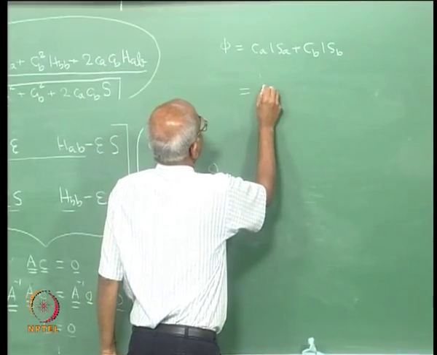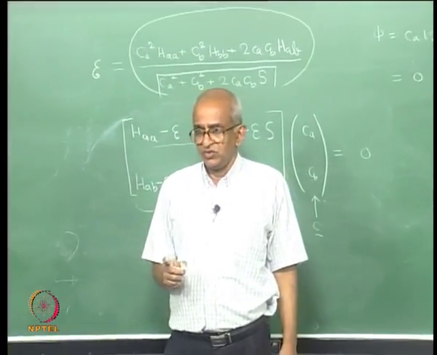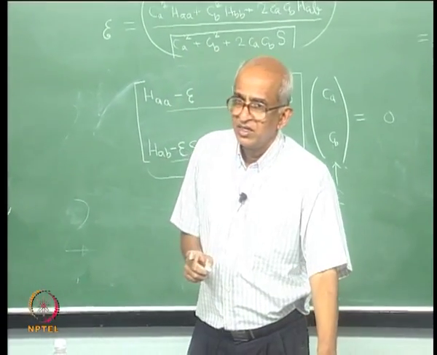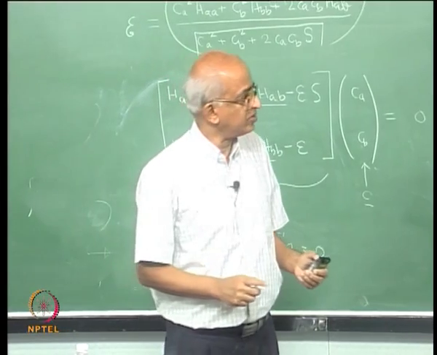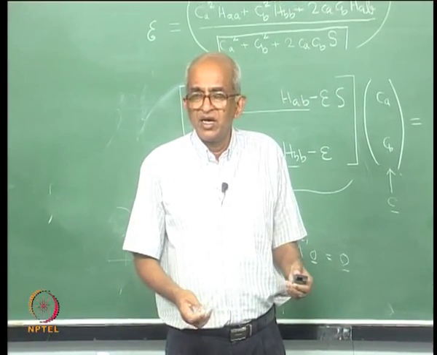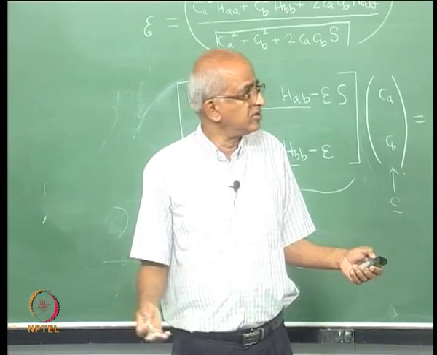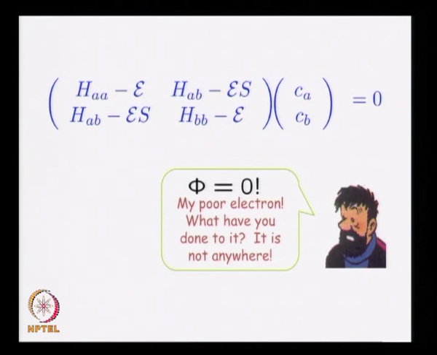So, you have the trial function identically equal to 0. Is that acceptable? This definitely is not acceptable, because this means that your wave function for your electron is 0 everywhere, and therefore, the electron is not anywhere, right. If phi is equal to 0, your electron is not anywhere, and therefore, definitely that is not acceptable.